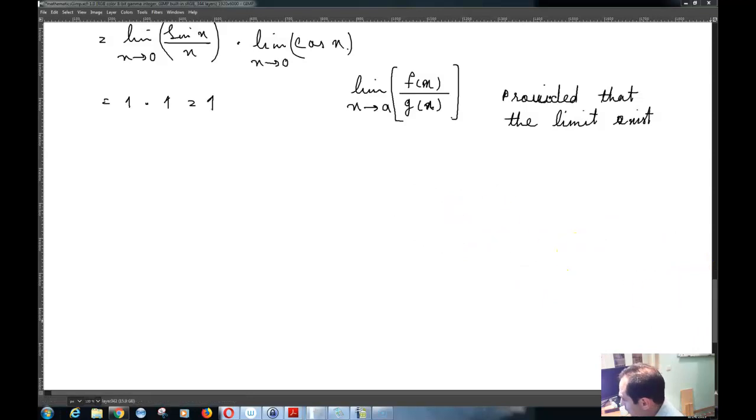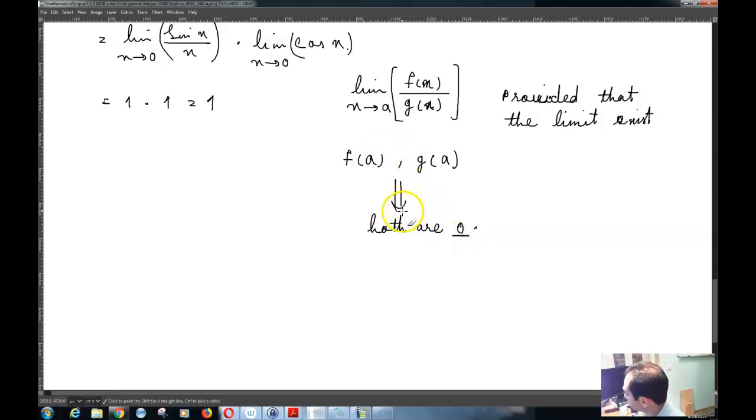So what that means is that, provided that this limit exists and you want to evaluate it, first you check the value of f of a, because this is a polynomial. And then you check the value of g of a, since this is also a polynomial. Suppose that both are 0.